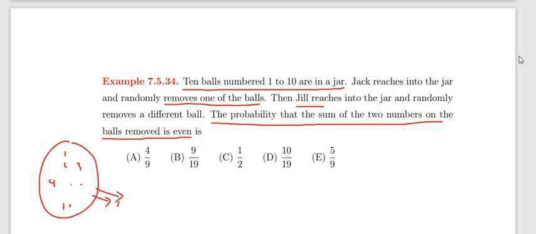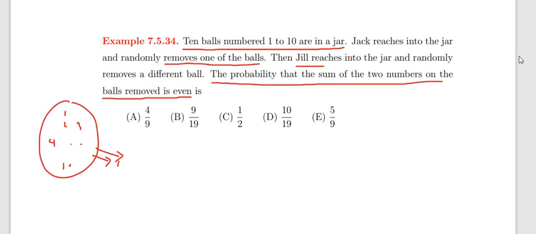So the first one could be odd, then the second one odd, and then we get an even sum. Or the first one even, the second one also even, so we get even, right? So we have these 2 cases. Let's check this probability. For the first case, the first one removed is an odd number. From 1 to 10, the odd numbers number 5 out of 10, right?